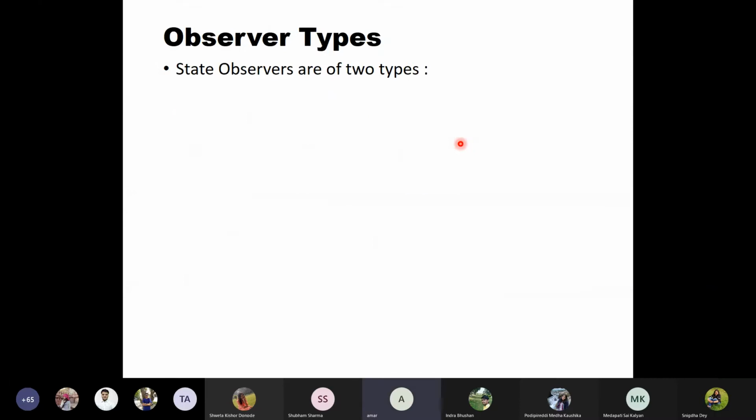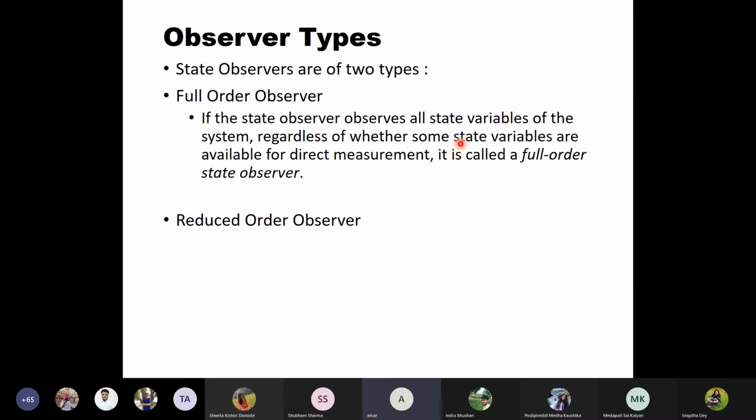Now the state observers are of two types. One is the full order state observer, and the second one is the reduced order state observer. The full order state observer means it observes all the state variables regardless of whether some state variables are measured or not.